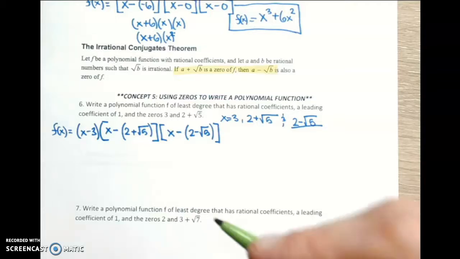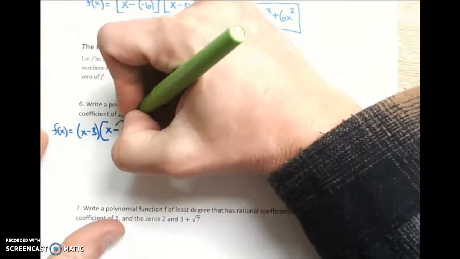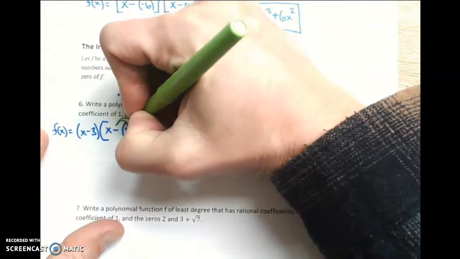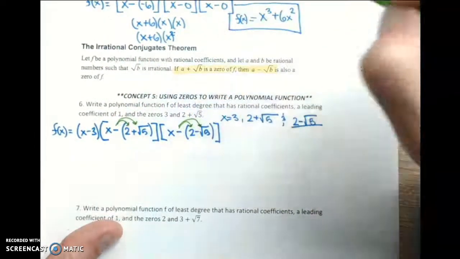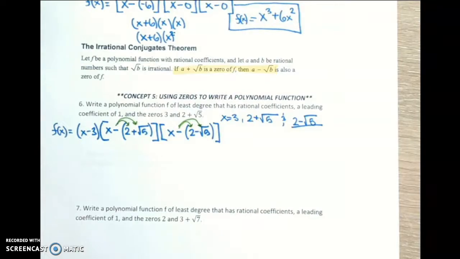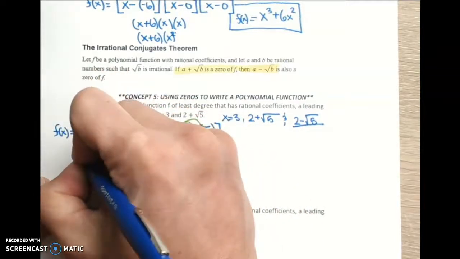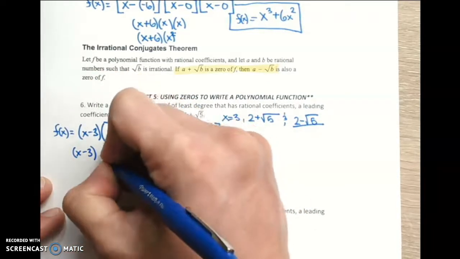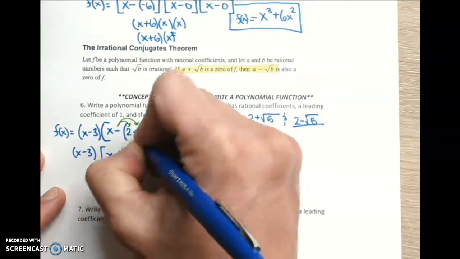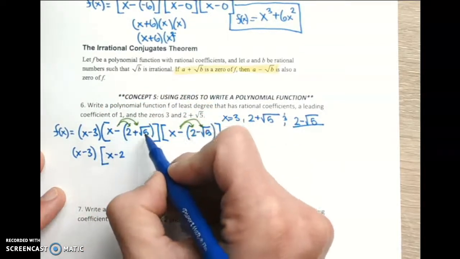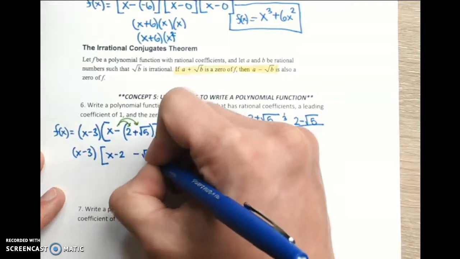So here's where it gets a little challenging. You do want to distribute that negative sign in. And the reason you want to do that is it's going to set things up much nicer in our multiplication. So here we go. I have this x minus 3. Then I have x minus 2, so I distribute, I get -2 and minus root 5.